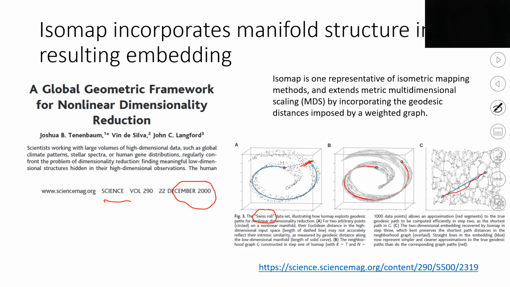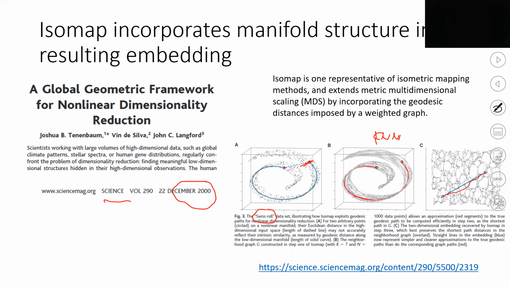So in order to compute the distance, you have to consider the Swiss roll structure, where you can create what is called a KNN data network. Then you walk from one data point to another, following this network structure.